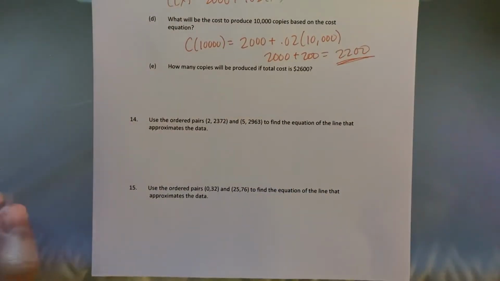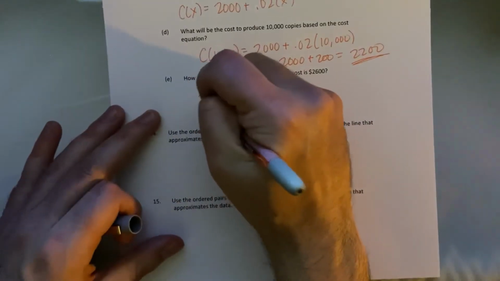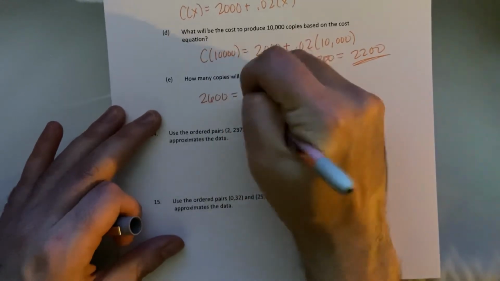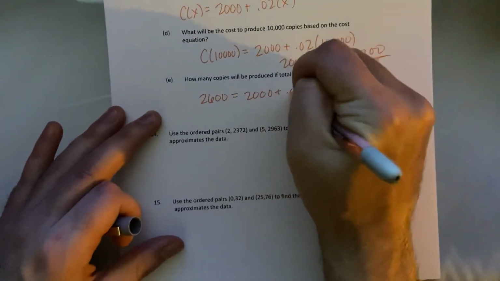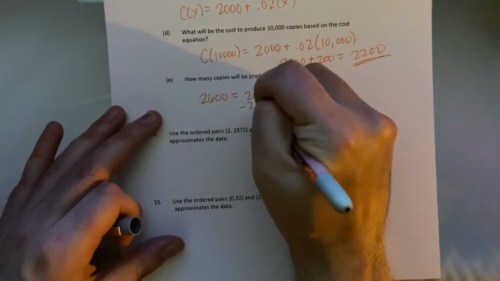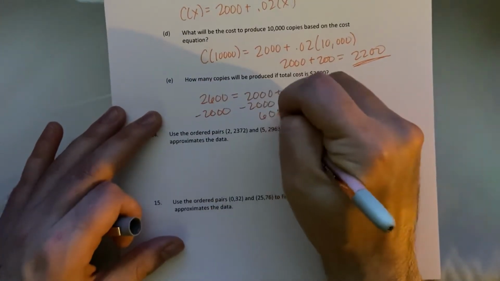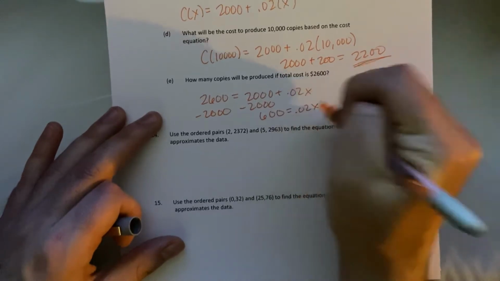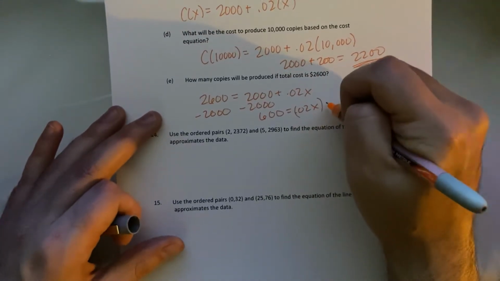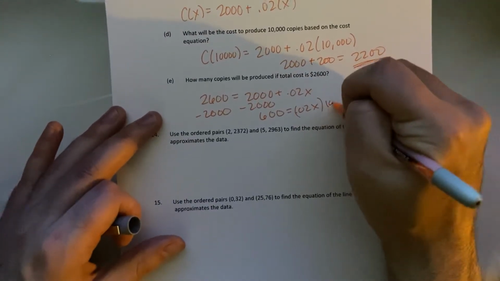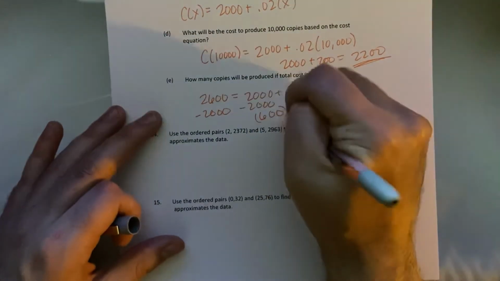How many copies will be produced if the total cost is 2,600? Say, well, what's 2,600 equals 2,000 plus 0.02x? Subtract the 2,000 to get 600 equals 0.02x. To get rid of a 0.02, we can multiply by 100 just to see why this is the case.